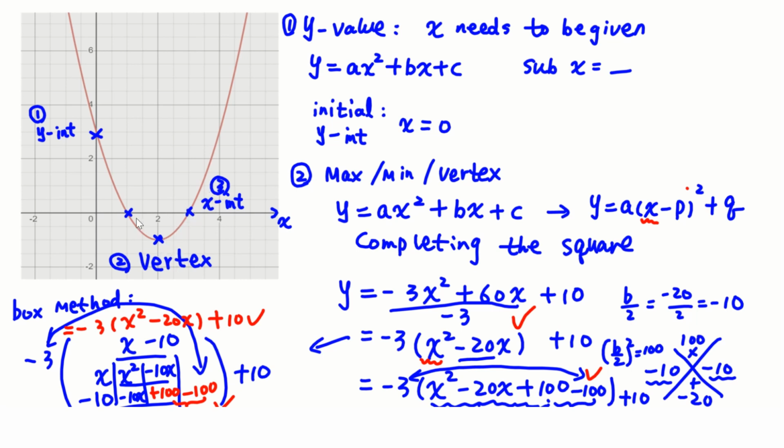So the last but not least, the x-intercept. So we are going to see the question. If the question asks you for the x-intercept, for example, sometimes it will be hitting the ground.